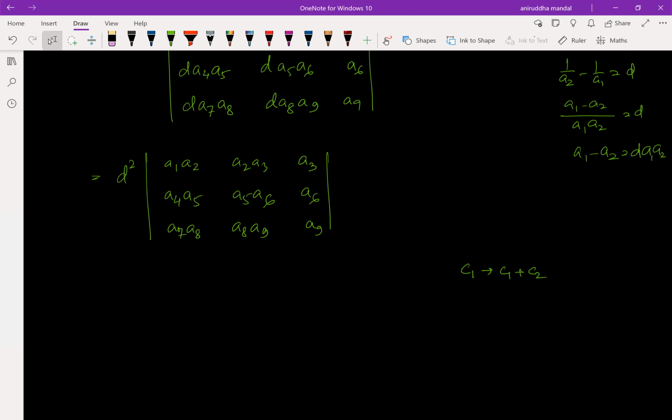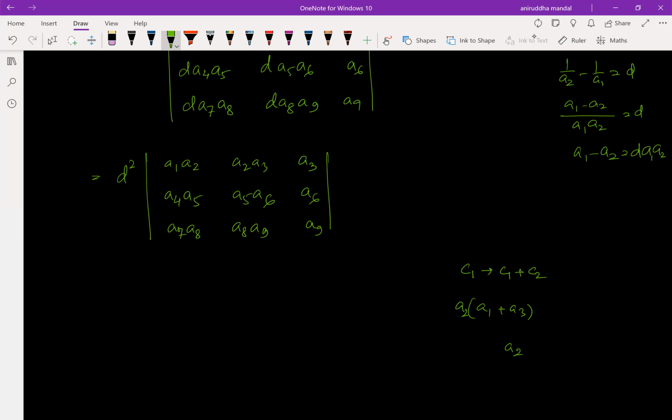So what we get is A1 plus A3 into A2. Let's suppose, we know this A1, A2, A3 are in HP, all these terms.